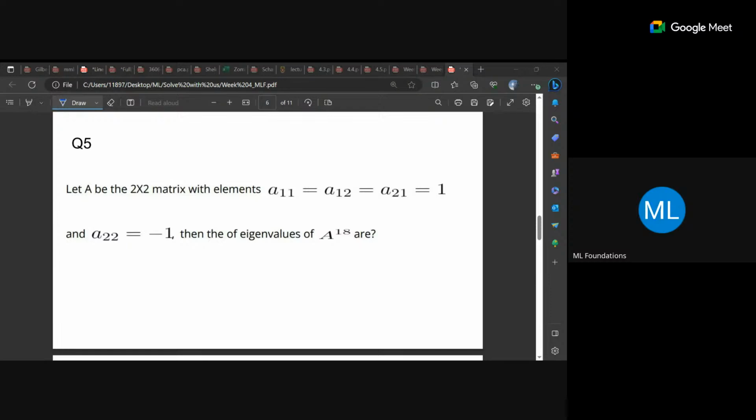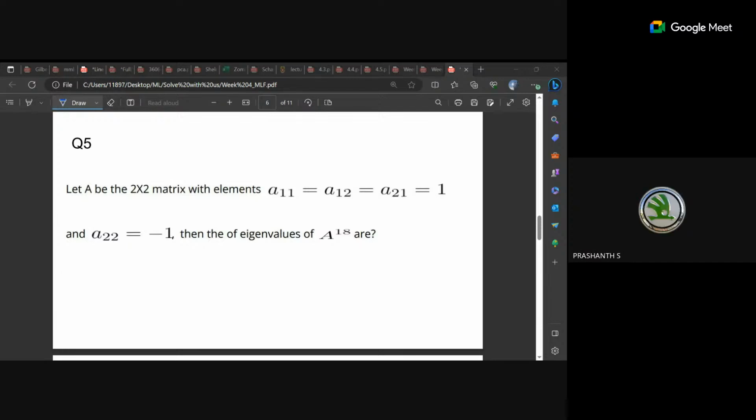Yes, Prashant. So what is the first eigenvalue you got? 2 to the power of 9. Yeah, I mean, what is the eigenvalue for A?